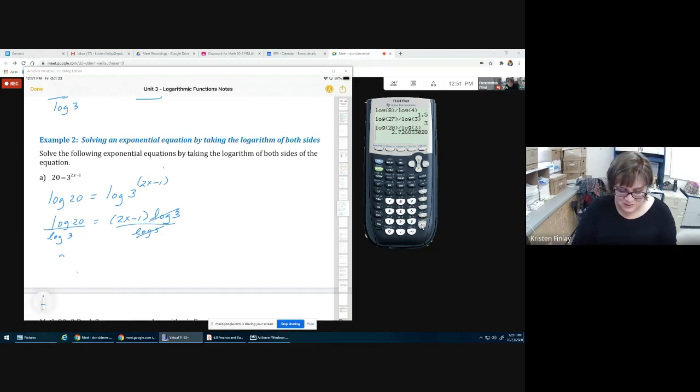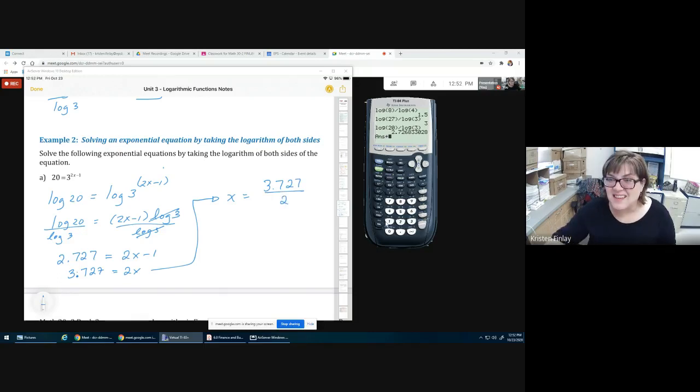I'm going to get 2.727 is equal to 2x minus 1. I'll move that 1 over, and I'll get 3.727 equals 2x. And then from here, I'm going to divide both sides by 2. So x will equal 3.727 divided by 2.